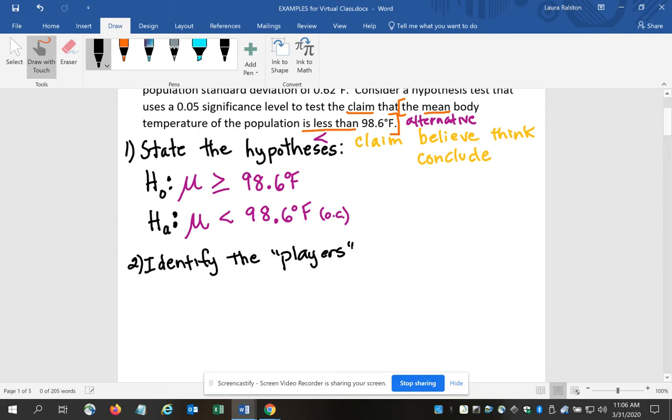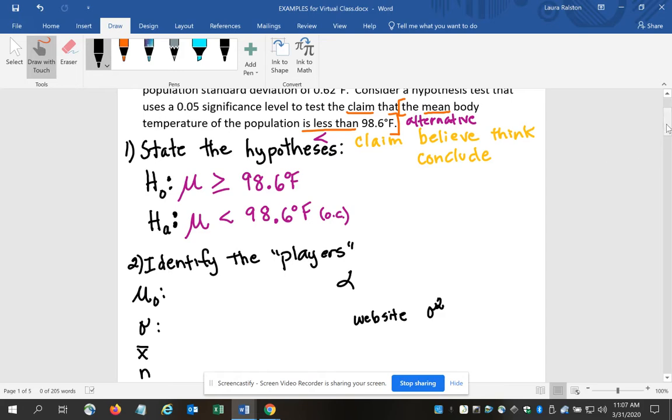And in this problem, you need the population mean, the population standard deviation, the sample mean, the sample size, and your significance level. There's actually another piece that we need for the calculator or for the website. For the website, we actually need the variance, or the population standard deviation squared. So we'll figure that out in a minute when we get through it.